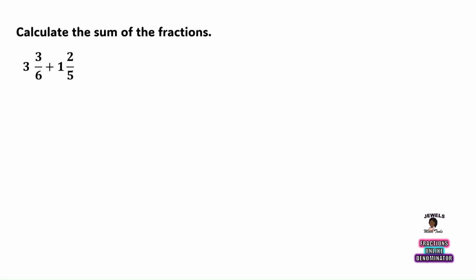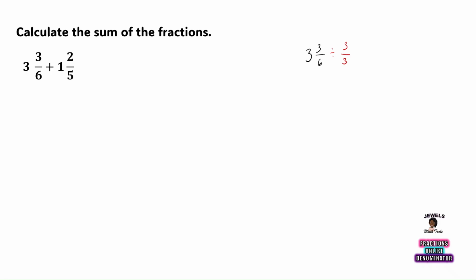Now, in looking at my first fraction that I have, which is 3 and 3/6, I don't know if any of you noticed in the first video, some of you may have, some of you may not have, but this fraction can actually be simplified. So since 6 and 3 have a common factor in 3, I'm going to simplify my fraction by using the number 3.